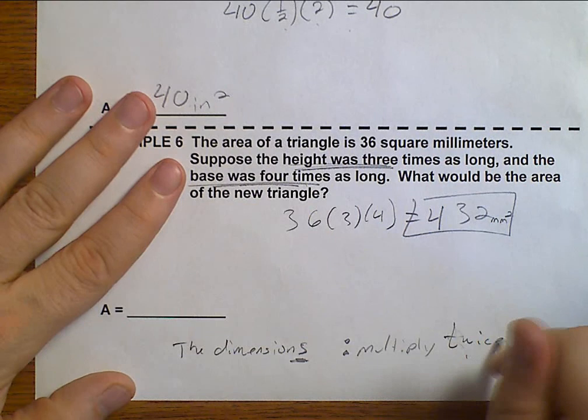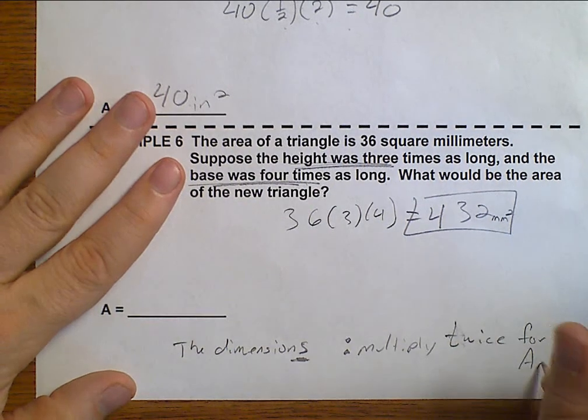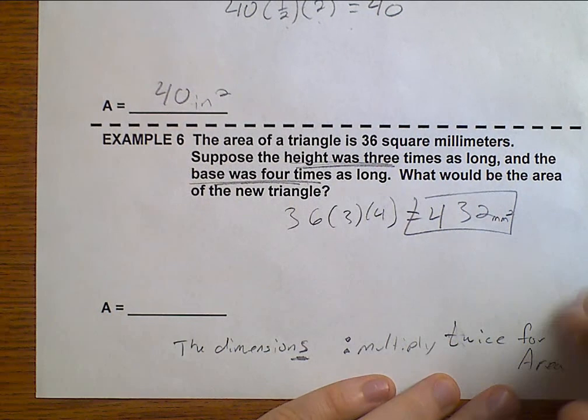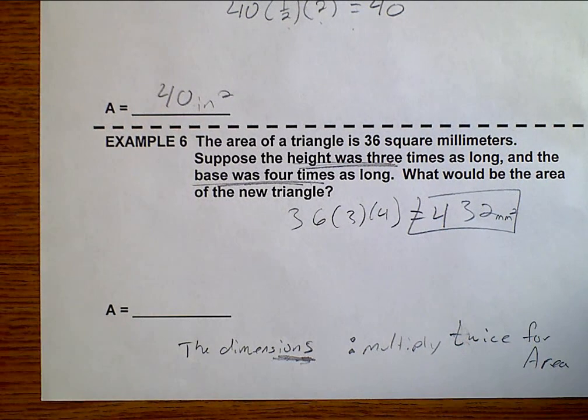And that's if it's area. Because dimensions means I change the height and the base. Okay? So, look out for that. That wasn't covered here in the notes. It may show up in your assignment.